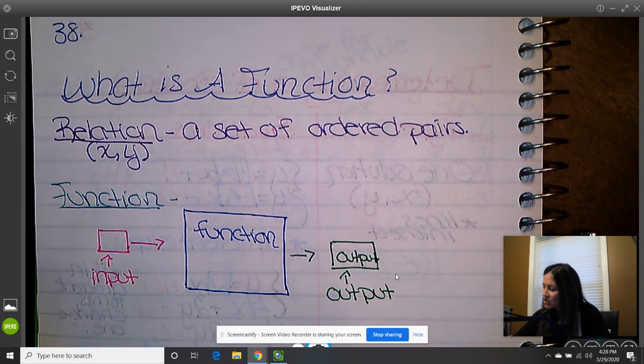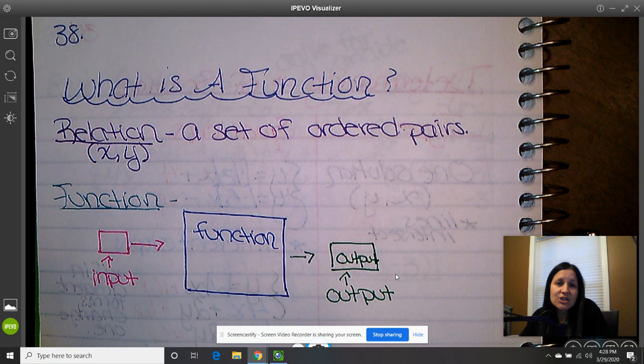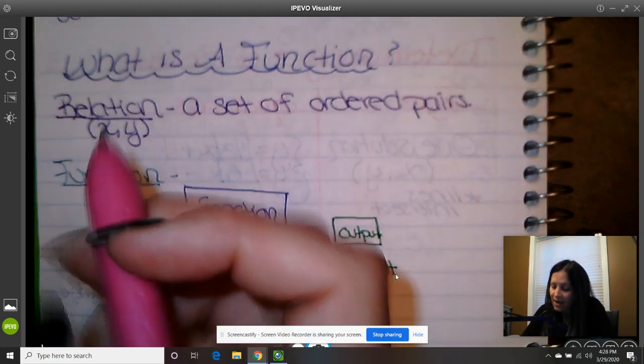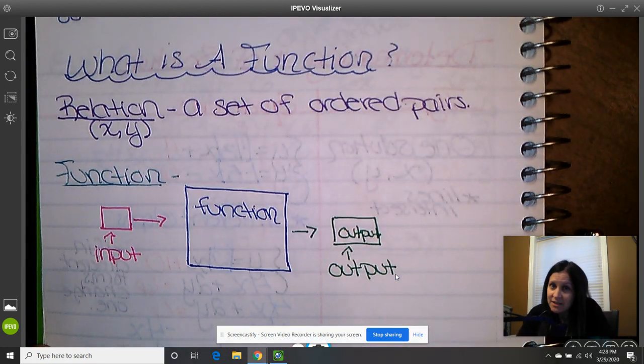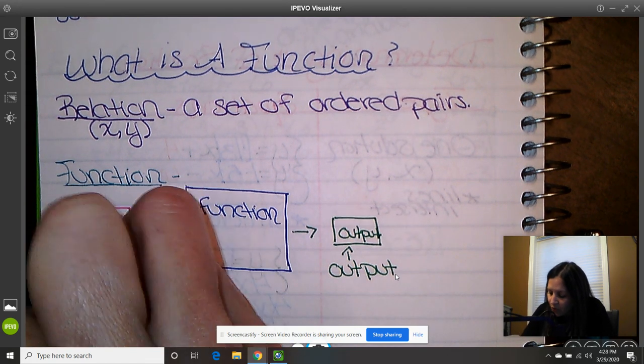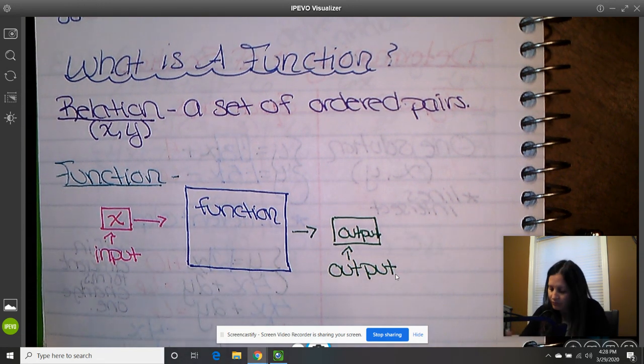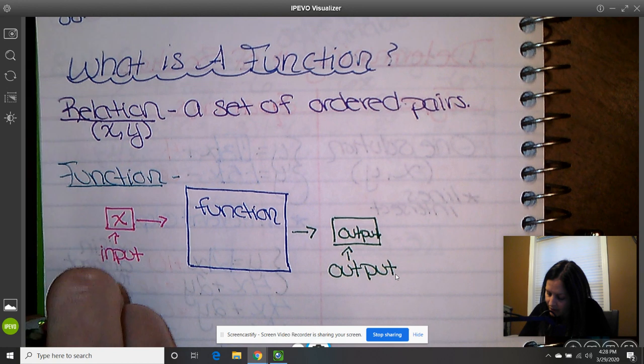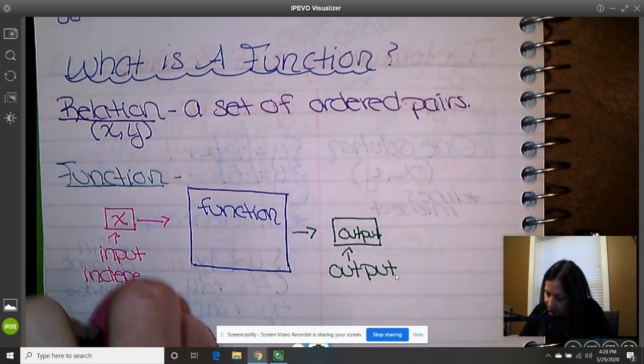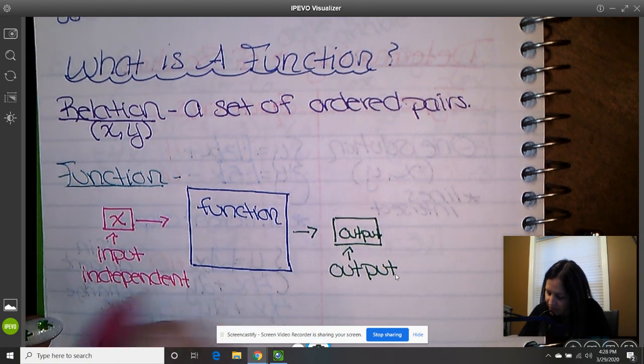So our inputs in relation to math, and we've been talking about graphs, and you know that graphs in math deal with X and Y. Your input is your X value. Those are your independent variables.